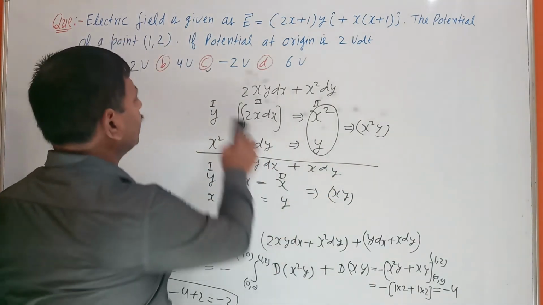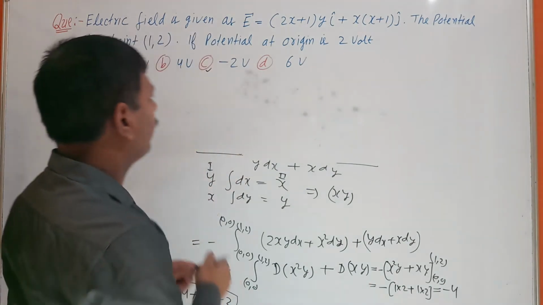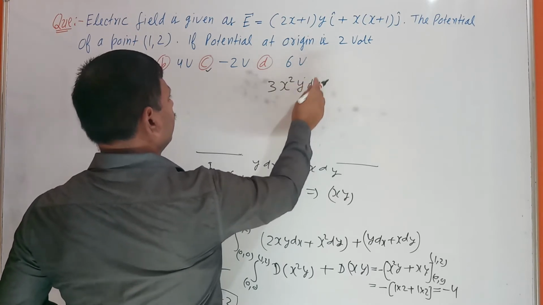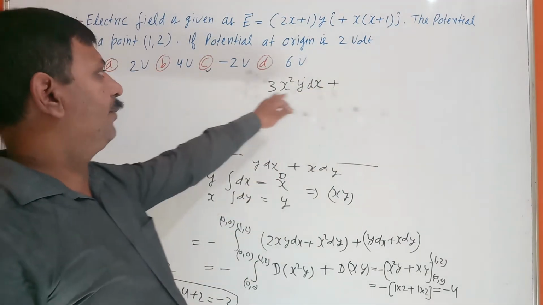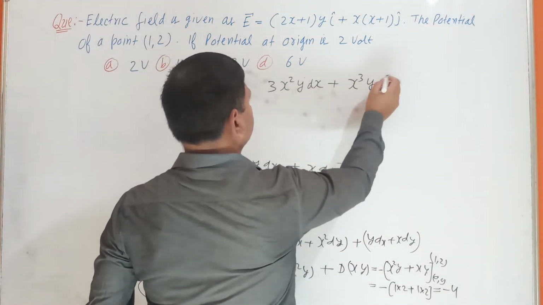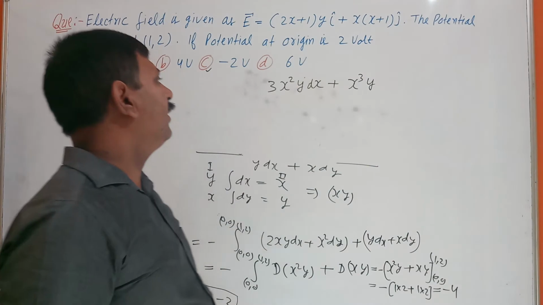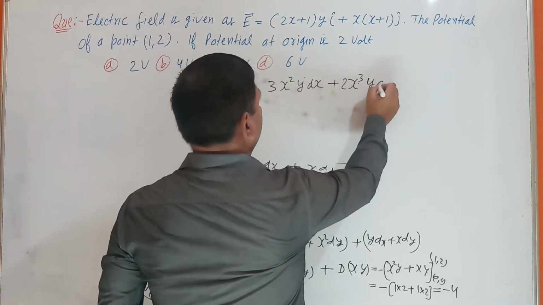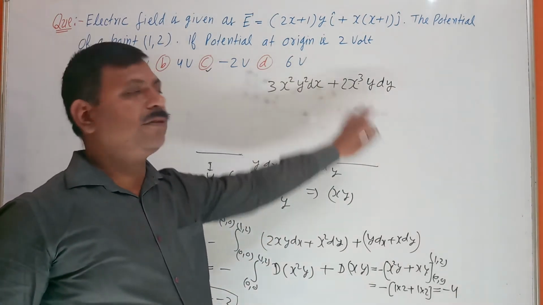One more example I am taking to explain to you. 3x square y dx, suppose they have given, and second they have given 2x cube y dy. So is this differentiable or not?